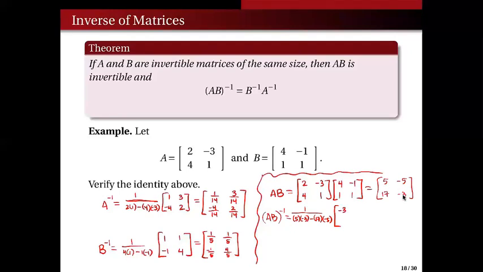So you will have your negative 3 and 5 here. And then we negate. So we have negative 17 and then positive 5 here. So if we simplify this, let's calculate this denominator.